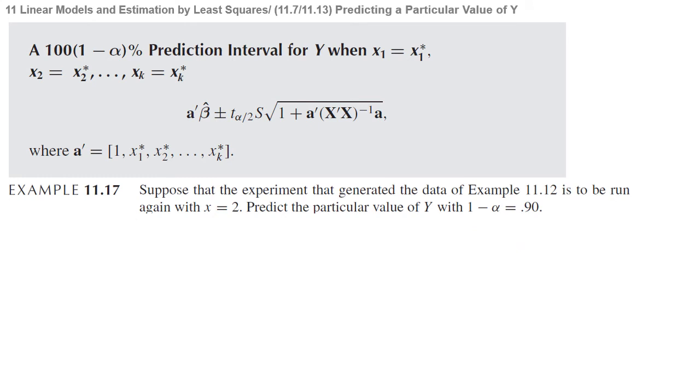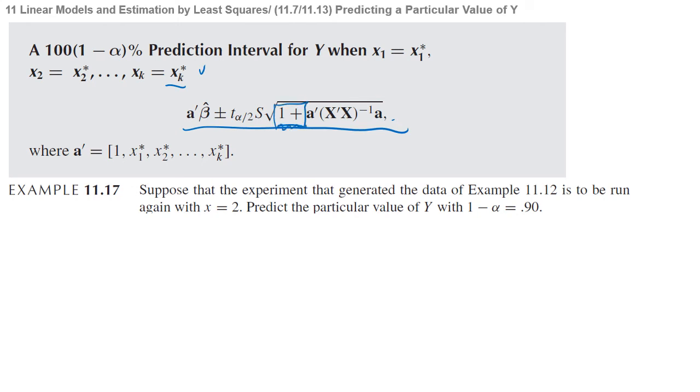And as a result, a 100 times 1 minus alpha percent prediction interval for y, when x1 is x1 star, x2 is x2 star, and xk is xk star, which is the future value, the prediction confidence bound can be calculated like this. Again, you should take care of this part.